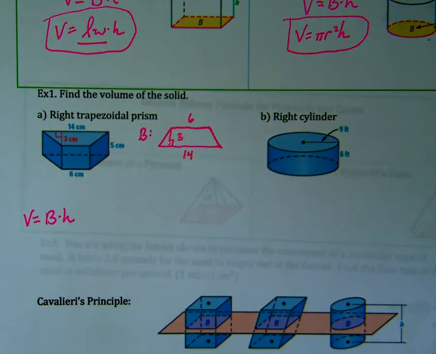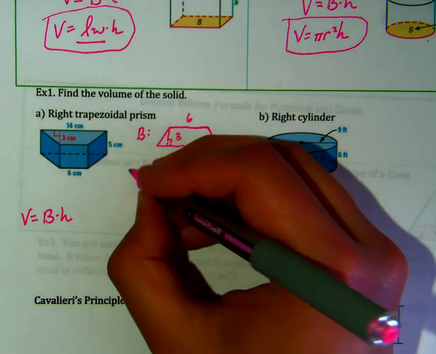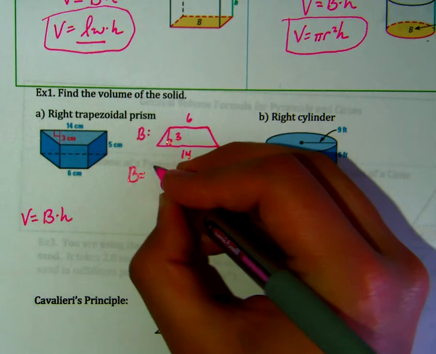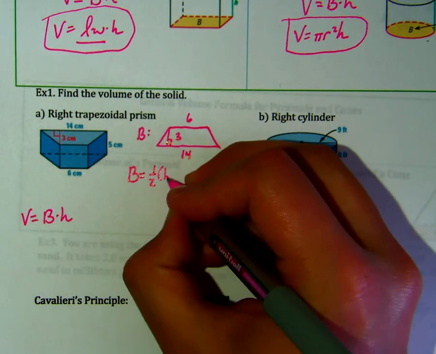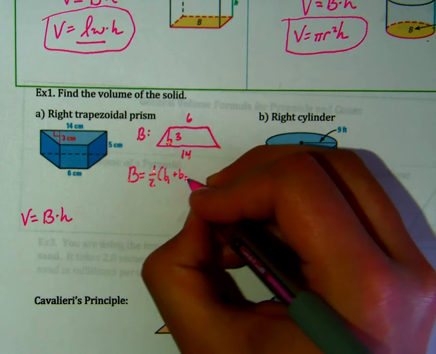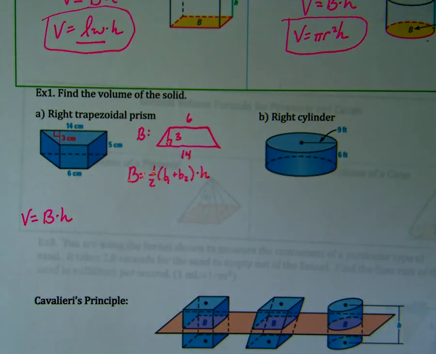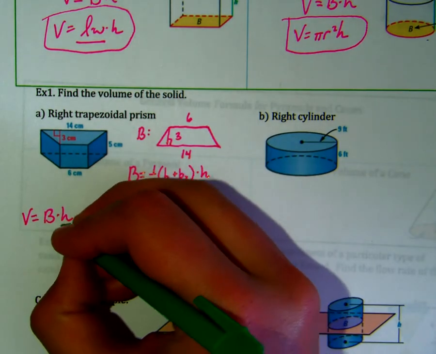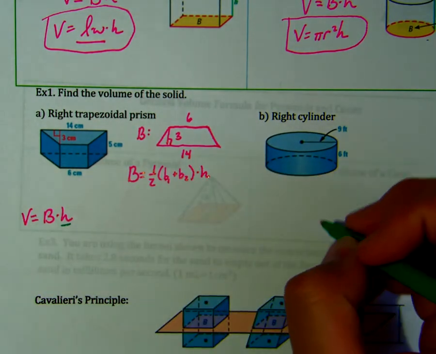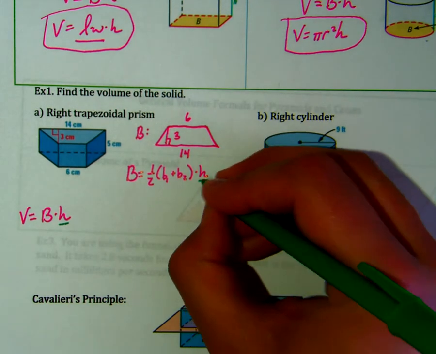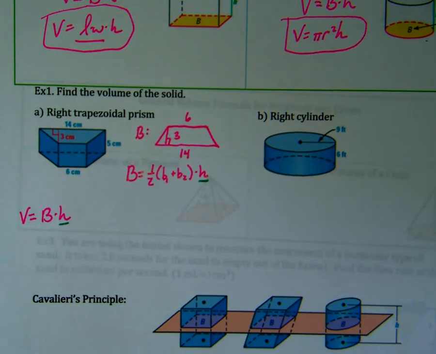Okay, so we need to know the area formula for a trapezoid. So that is 1/2 the sum of the bases times the height. Okay, so this is where you need to be a little bit careful in that this h in this formula and this h in this formula are not the same.